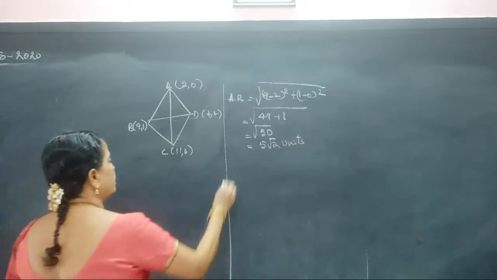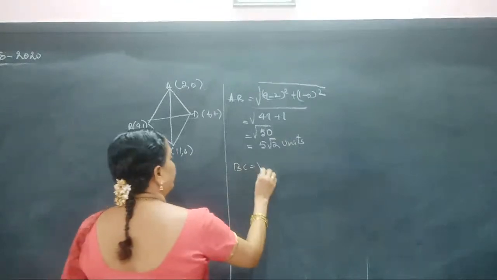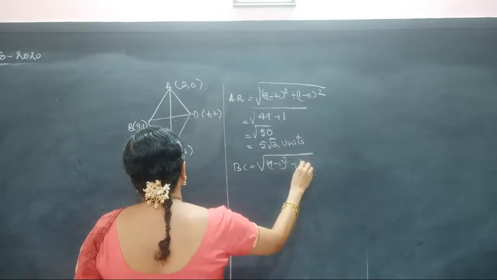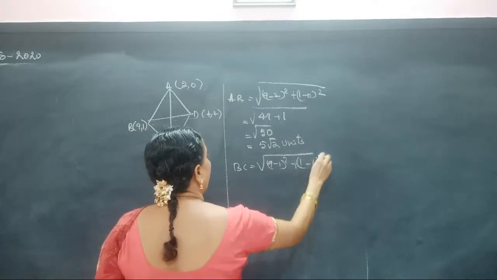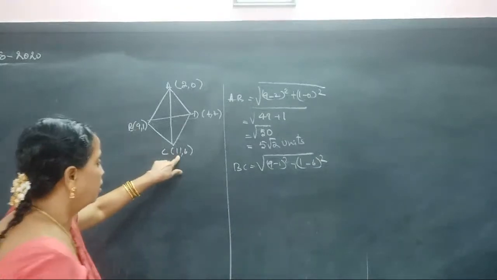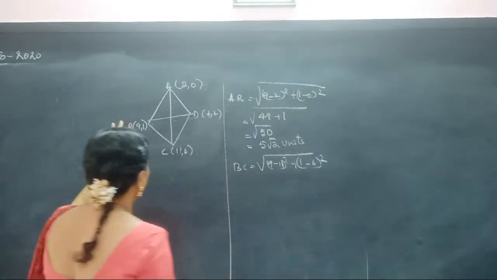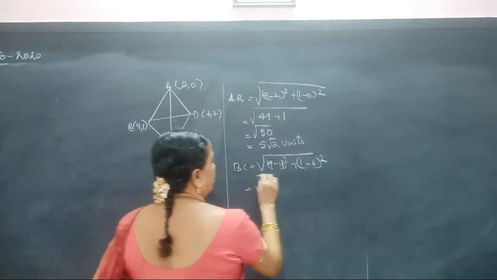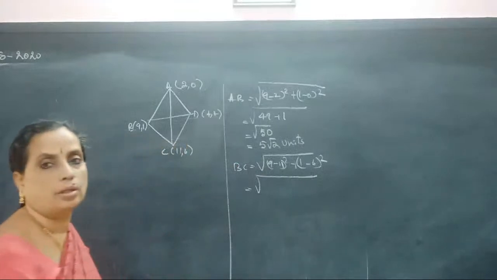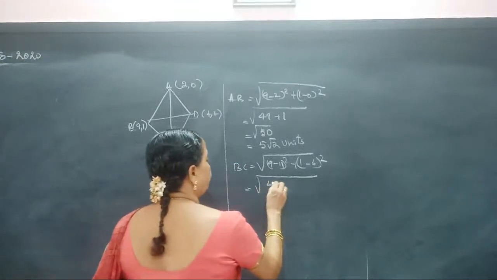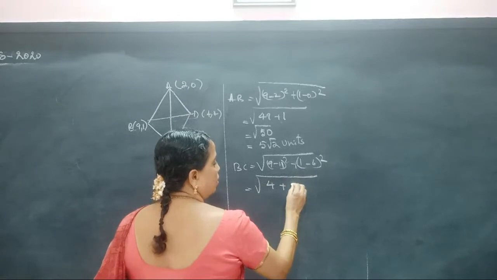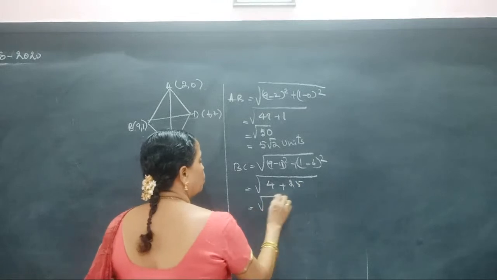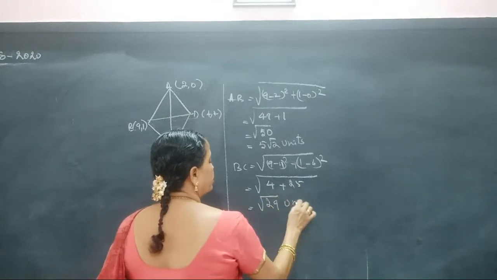Now coming to BC, it is root of (9 - 11) whole square plus (1 - 6) whole square, where 9 minus 11 is -2, squared is 4, and -5 squared is 25, so root 29 units.